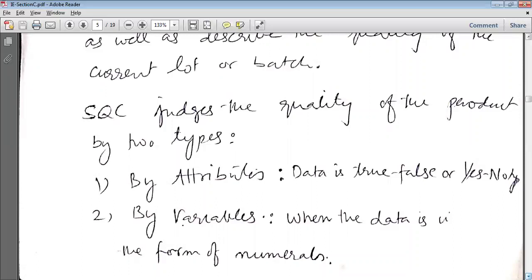These are attributes where true or false, yes or no, okay or not okay can be written in a column. The qualities of a product that cannot be measured are known as attributes, whereas the qualities that can be measured on a certain scale are known as variables. We have different types of charts for attributes and variables, and we will discuss them in our next lecture.